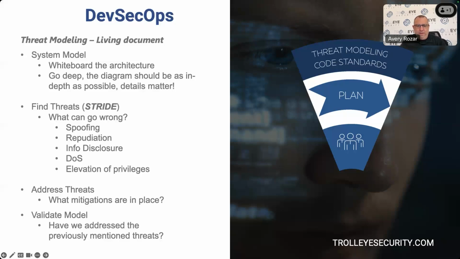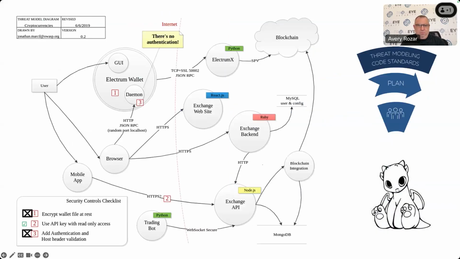So if we look at an example, this is an example of a tool that we use called OWASP Threat Dragon. Basically it's a web interface, and you build out all the different functions and features, the models, the flows, everything. And then down at the left-hand corner, you see security controls checklist. There's only 3.